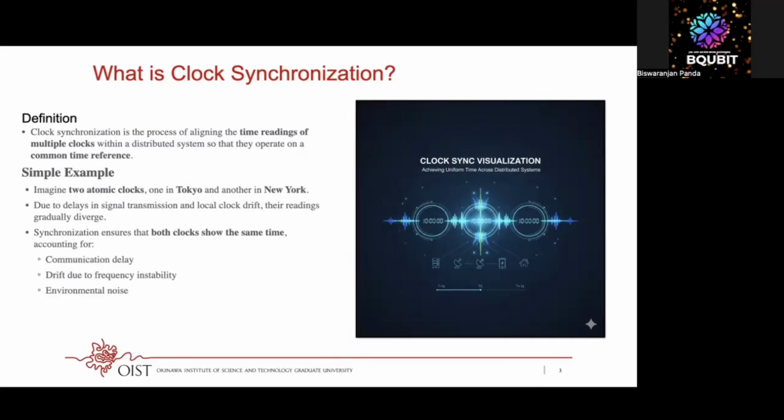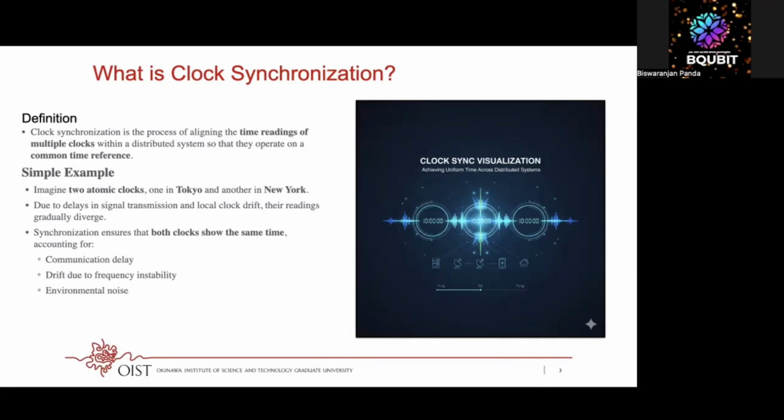Due to signal delays, you need to send some signal from one place to another so that the clock can get the data, and we will tune the clock tick. Sometimes the signal will be delayed when it reaches the other place.